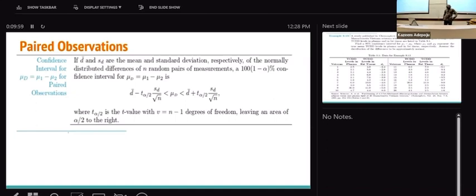When we want to construct a confidence interval of the difference of means between two independent groups where the population variances are given. That's why you have sigma 1 squared. This is one scenario. Another scenario is when the population variances are not given. In that case, the z will be replaced by t, sigma 1 squared will be replaced by s1 squared, and sigma 2 squared by s2 squared.